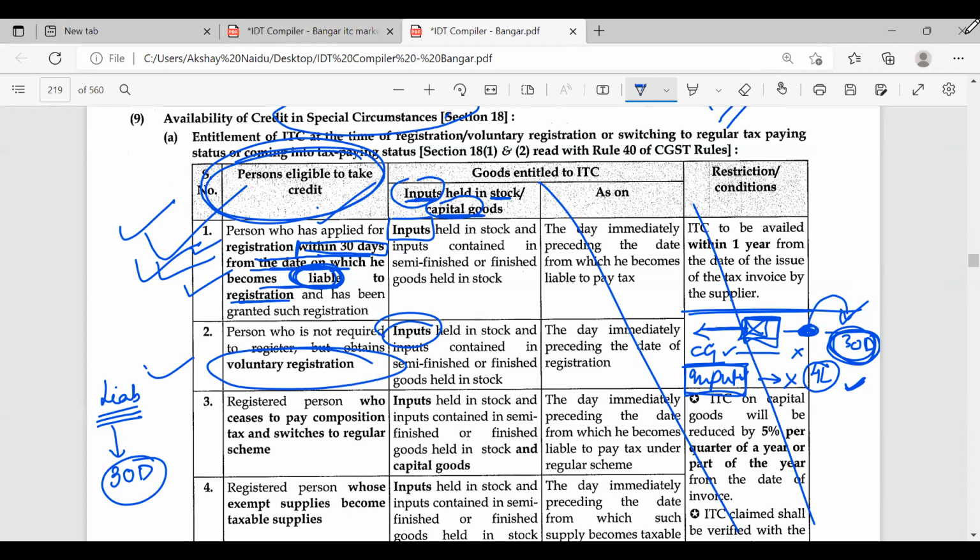Now a registered person who ceases to be a composition person, remember the normal registration purpose. Now any time during the year, where can you go? To normal. From composition you can move easily to normal. They will welcome it, because they want you to pay taxes monthly, with ITC and so on. So when you cease to be a composition dealer, you now move to normal, but you were registered earlier too.